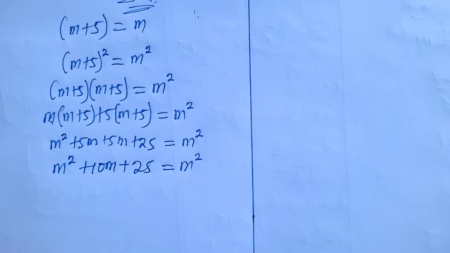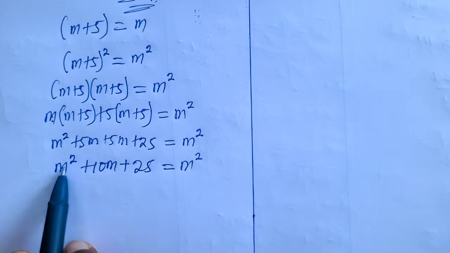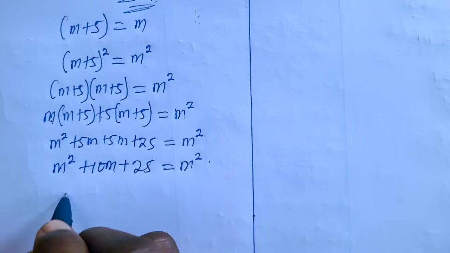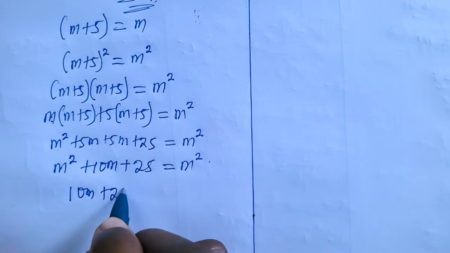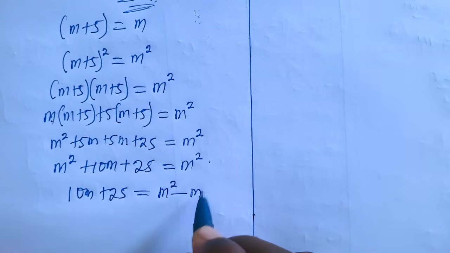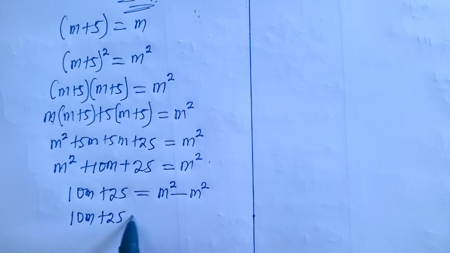Now we collect like terms. We move this m² to the right-hand side of the equation, and it becomes minus m², so we have 10m plus 25 equals m² minus m², that gives us 0.